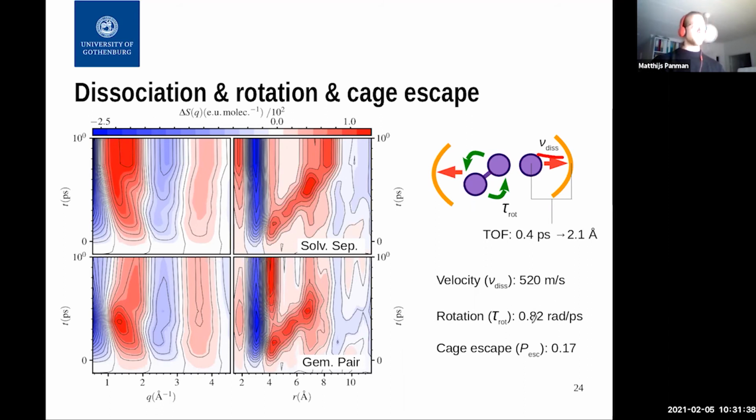We also found a rotational lifetime of 0.82 picoseconds per radian. Sorry, I got this the wrong way around, it's a lifetime. And most importantly, we managed to determine, just by taking the ratio of these two, the cage escape.